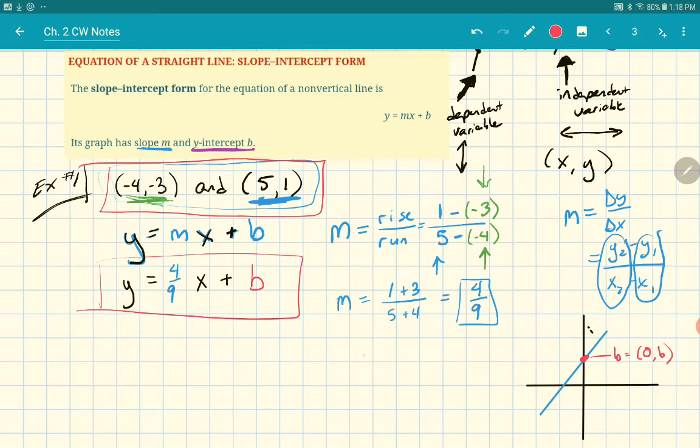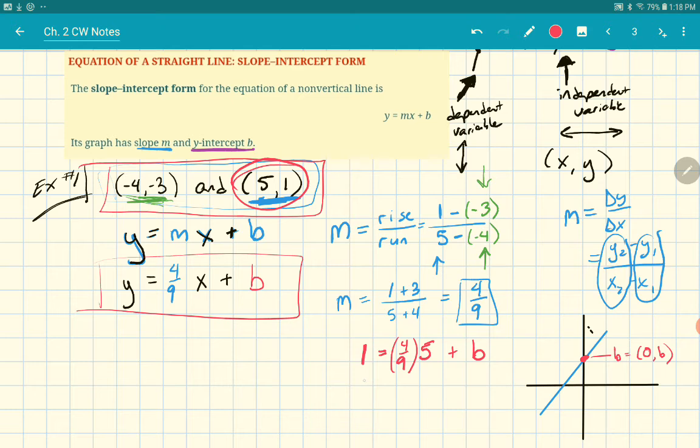Let's pick the other point because I like positive numbers. So 5 and 1. When y is 1, x is 5. And I have the slope of 4/9, and the thing I don't have is the b.